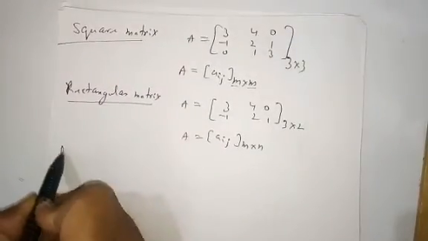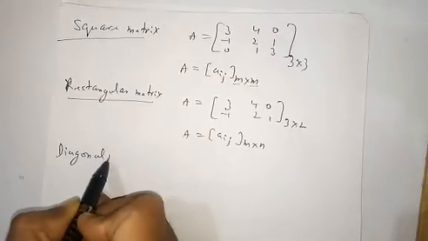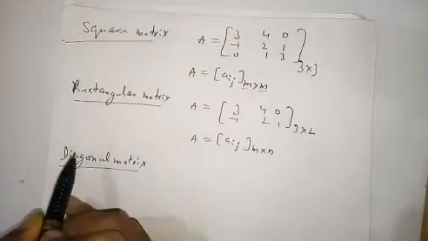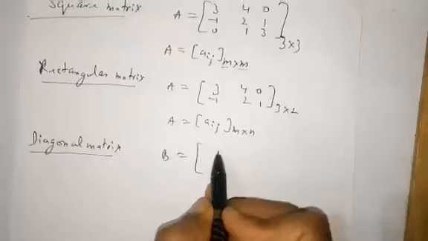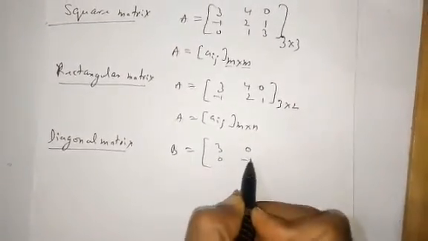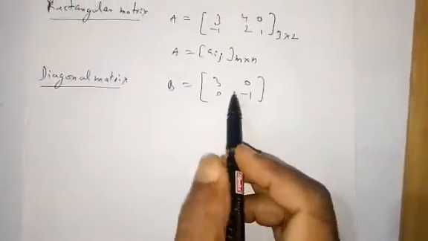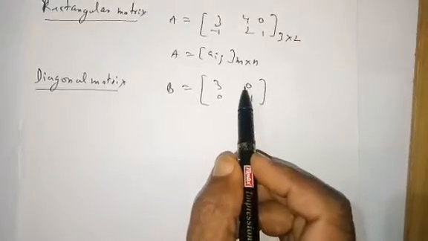Next is the diagonal matrix. In a diagonal matrix, in the principal diagonal, there are always some elements other than 0, and except for the principal diagonal there is always 0.